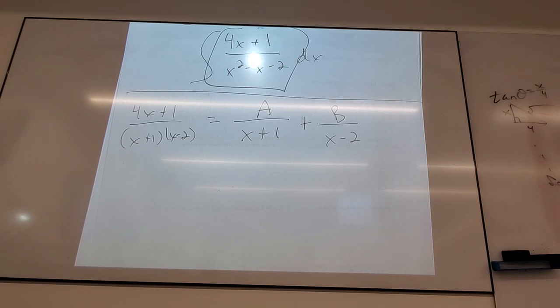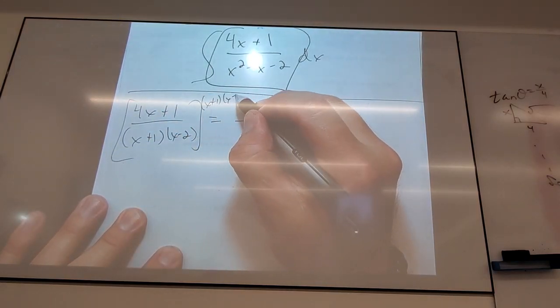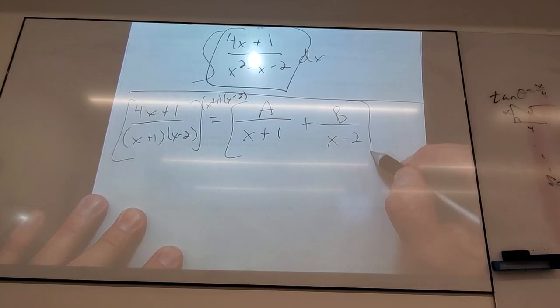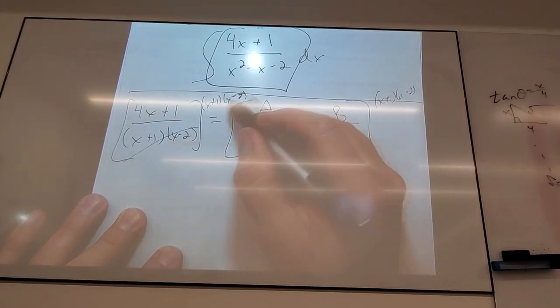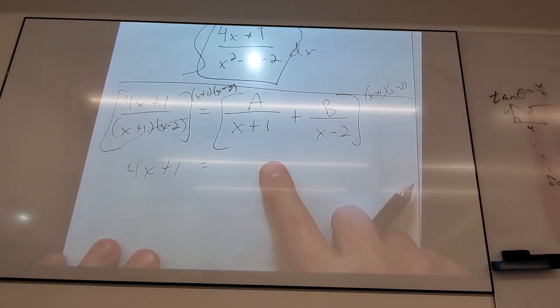It's always nice to sit there and watch a fraction die. So if I multiply both sides by this, what happens? I'll do this side. Okay, I did half of it. What happens over here?